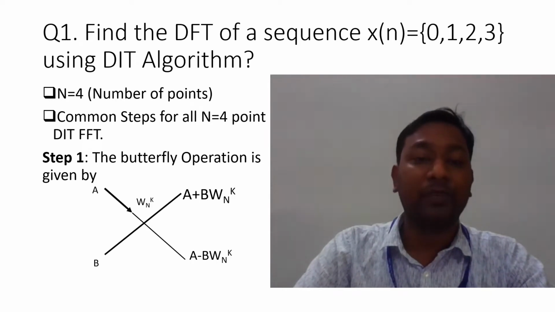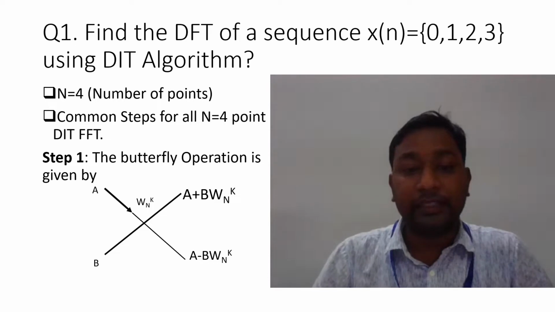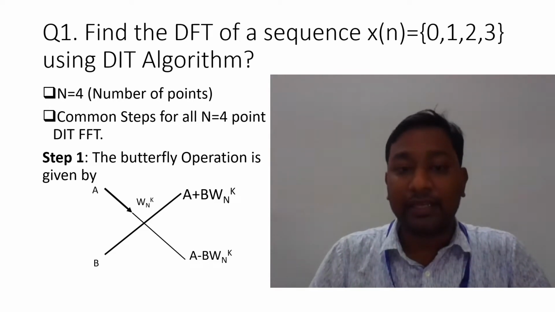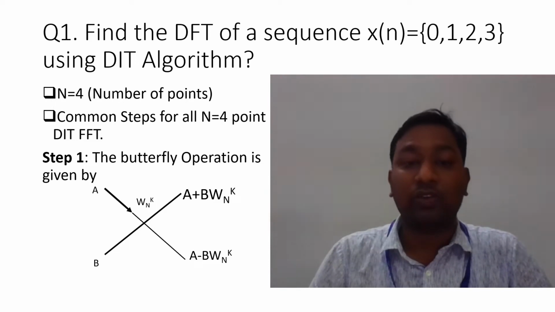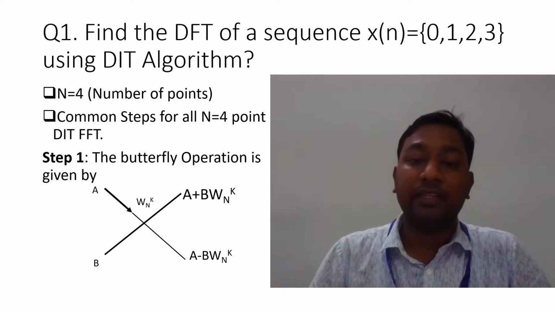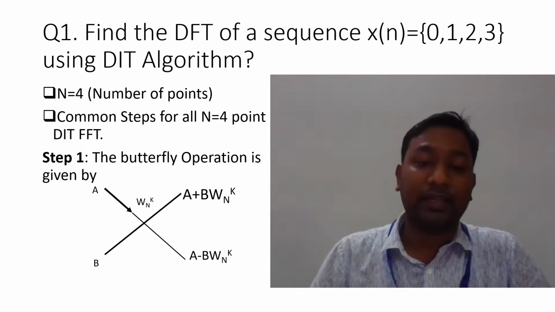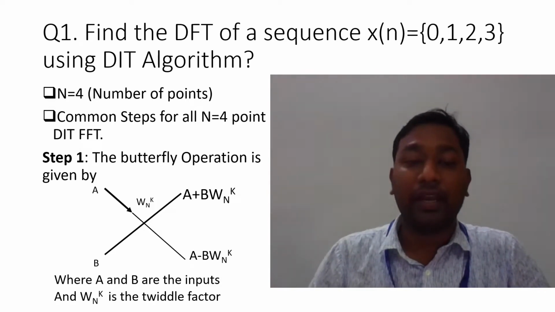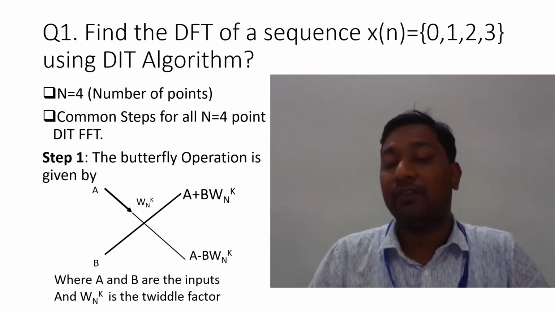Given a and b as the inputs, and omega n to the power k as the twiddle factor, the outputs are a plus b omega n to the power k, and another one is a minus b omega n to the power k, where a and b are the inputs and omega n to the power k is the twiddle factor.